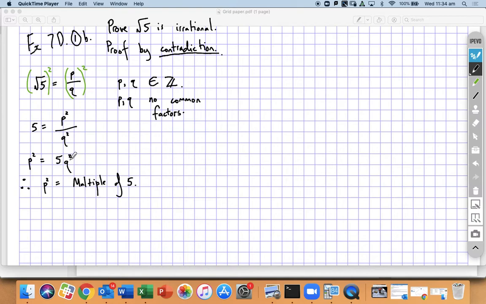Okay, now the Q squared, it's just a number, right? We started off by saying it was a whole number or an integer. When you square an integer, you get an integer answer. So this is just an integer, and I'm really more interested in the multiple of 5 part. I could even say it follows that P squared is 5 times some number.